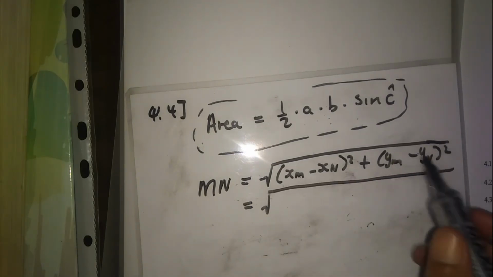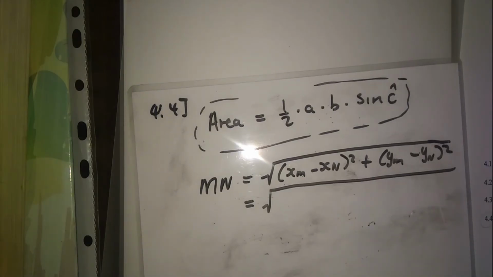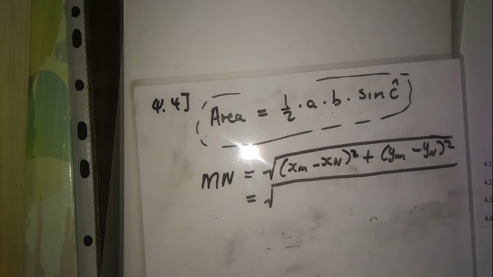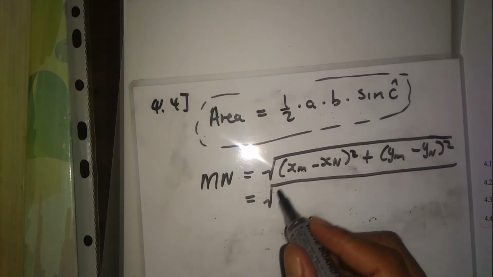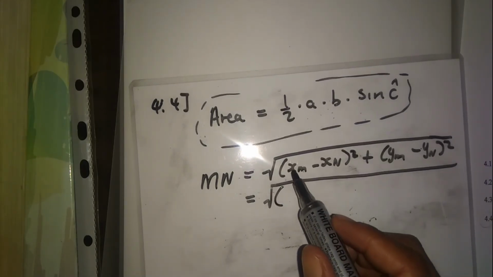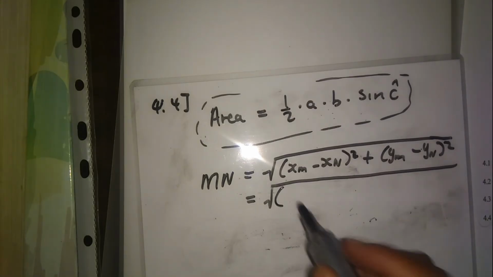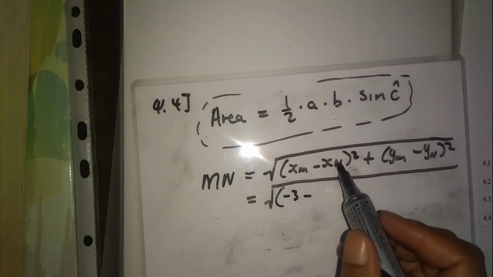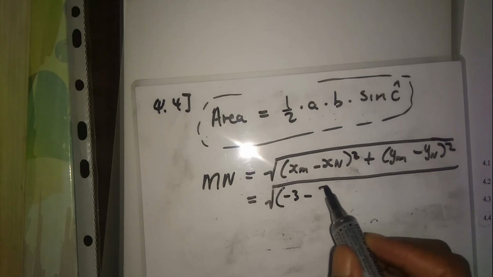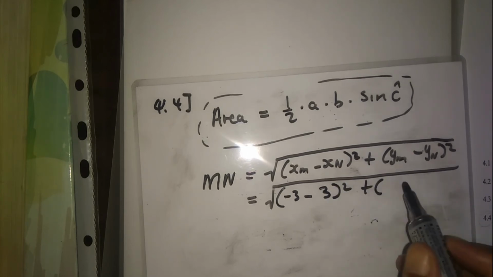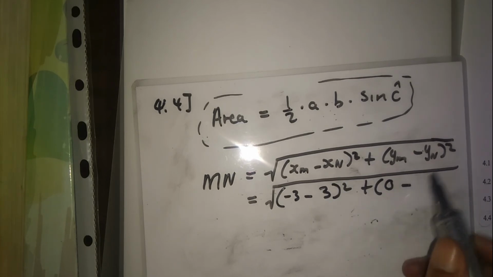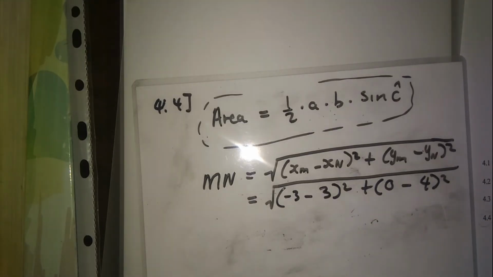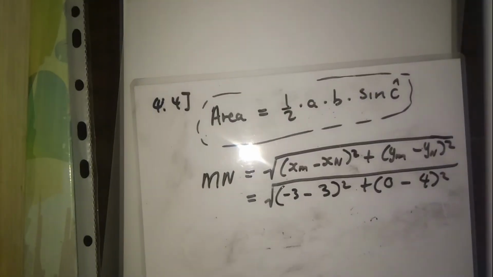The offer of mine still stands: I'm showing one way of doing the calculation, and if you know the other way, just leave a comment. xM is minus 3, minus xN which is 3, squared, plus yM which is 0, minus yN which is 4, squared. Okay, now I have all my points, so let's continue.